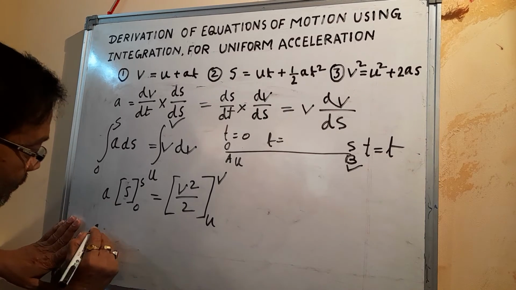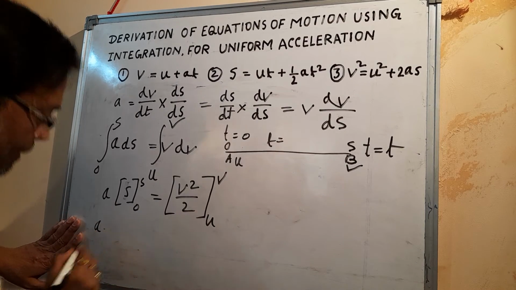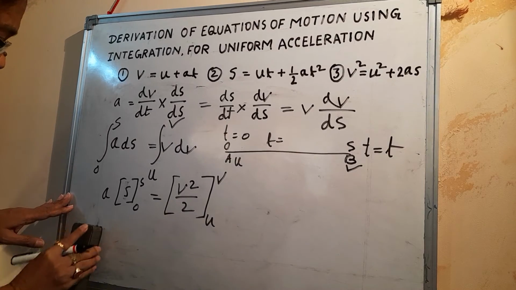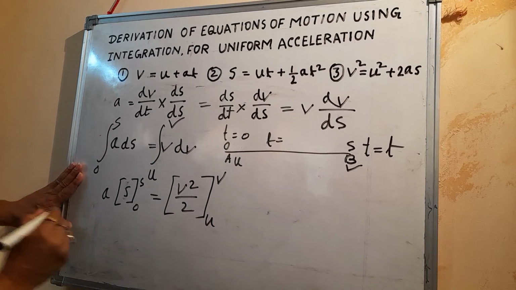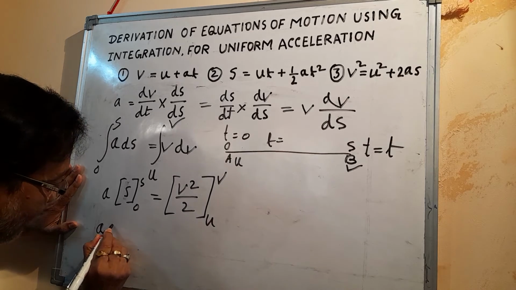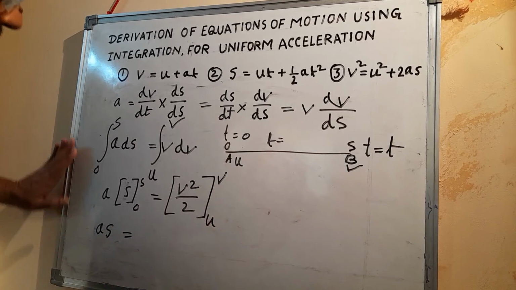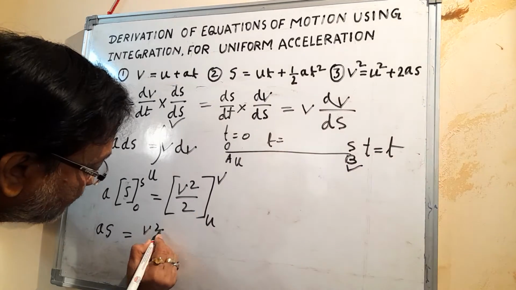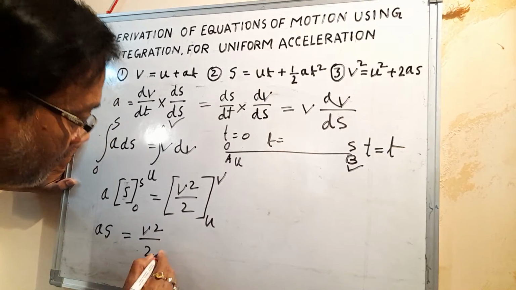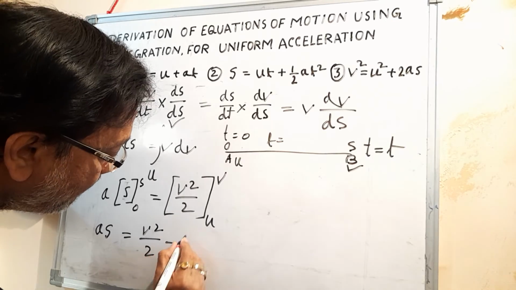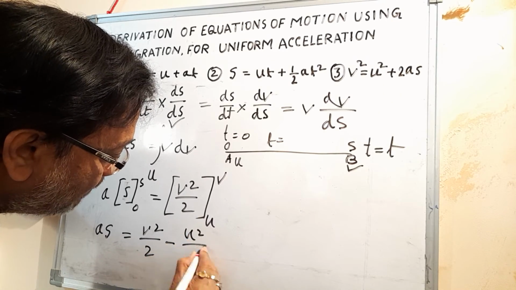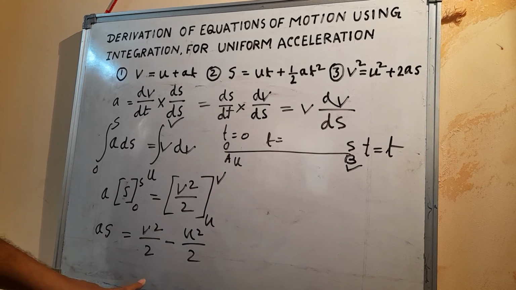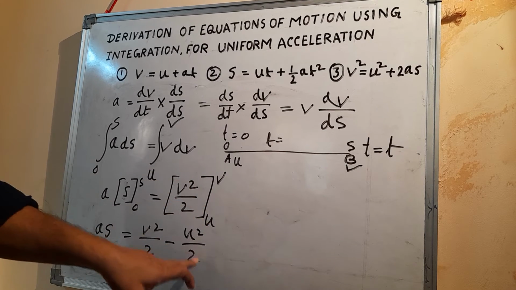So from this we get as equals v square by 2 minus u square by 2.